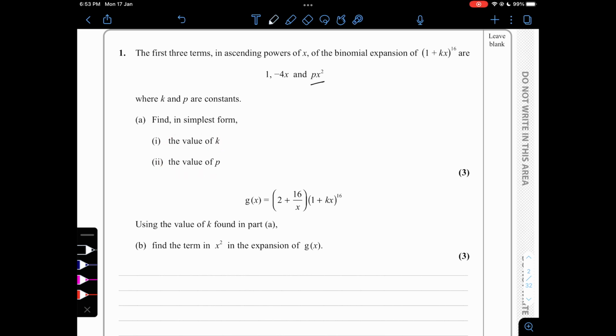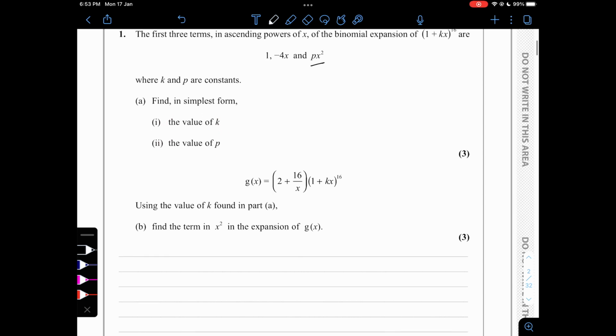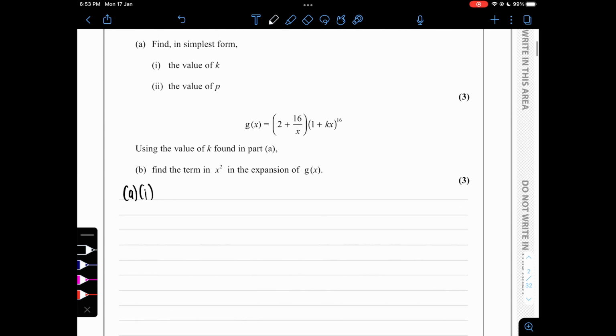So we have to expand the brackets, right? We have to binomially expand this. So this would be (1 + kx) to the power of 16. So this would be 1 to the power 16, plus 16C1, and then we take 1 away from the power, so multiplied by 1 to the power of 15 multiplied by the x, which is kx.